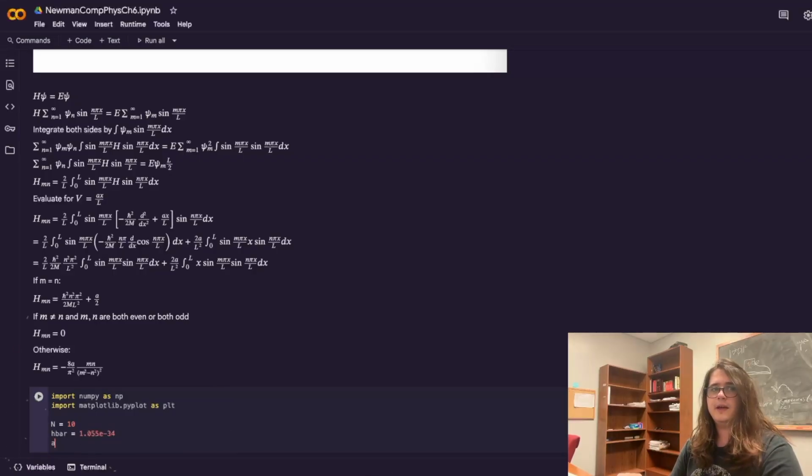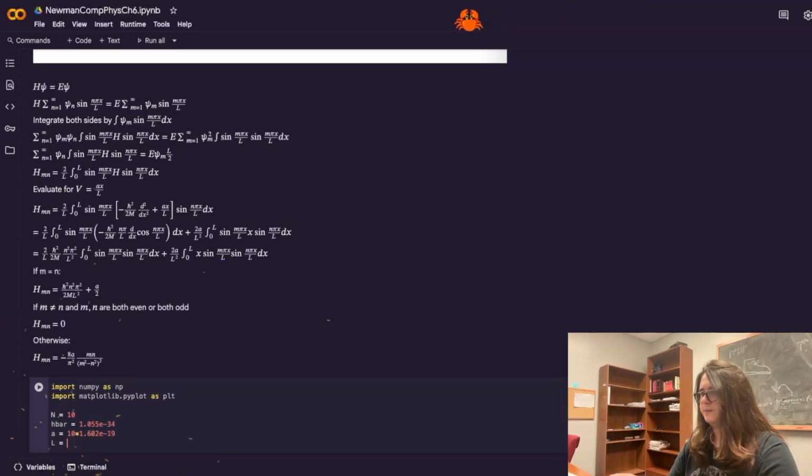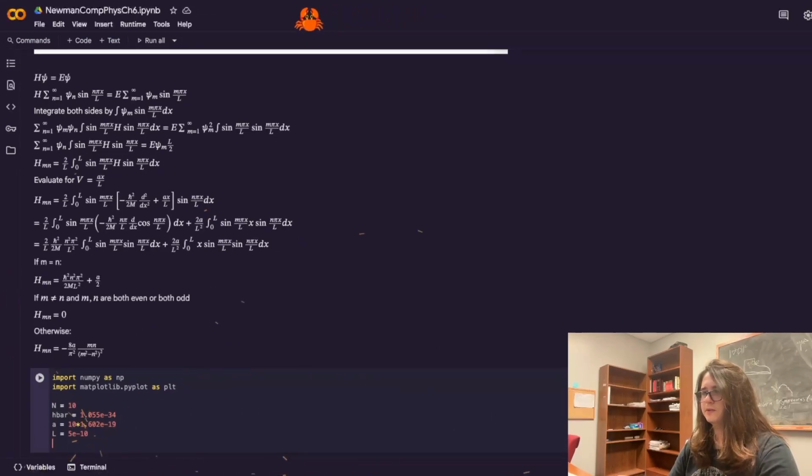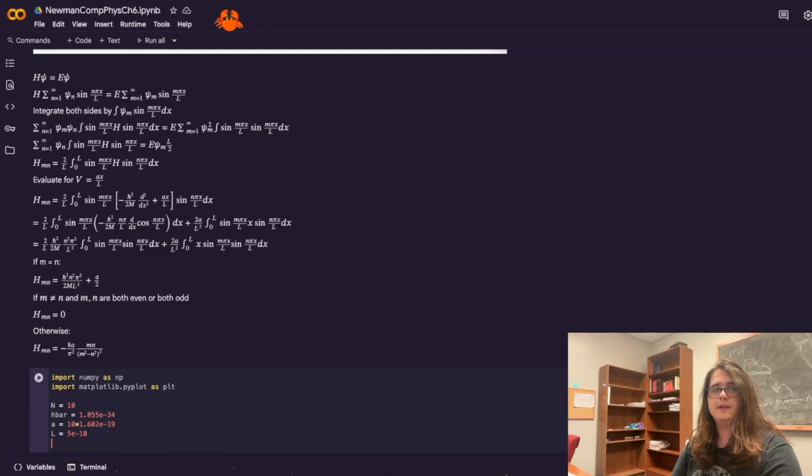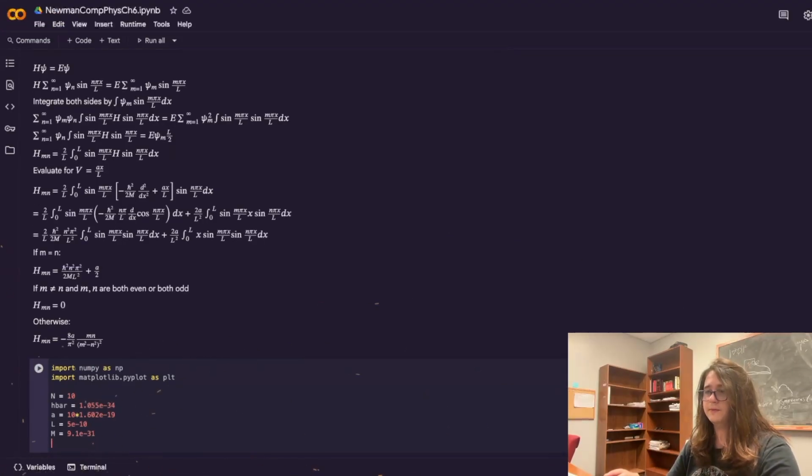And then A was 10 eV, but then to convert that to joules, you do this guy, 1.602 times 10 to the 19. The length of the box was 5 angstroms, so 5 e minus 10 meters. And then the mass of the electron given in the problem, 9.1 times 10 to the minus 31, right?